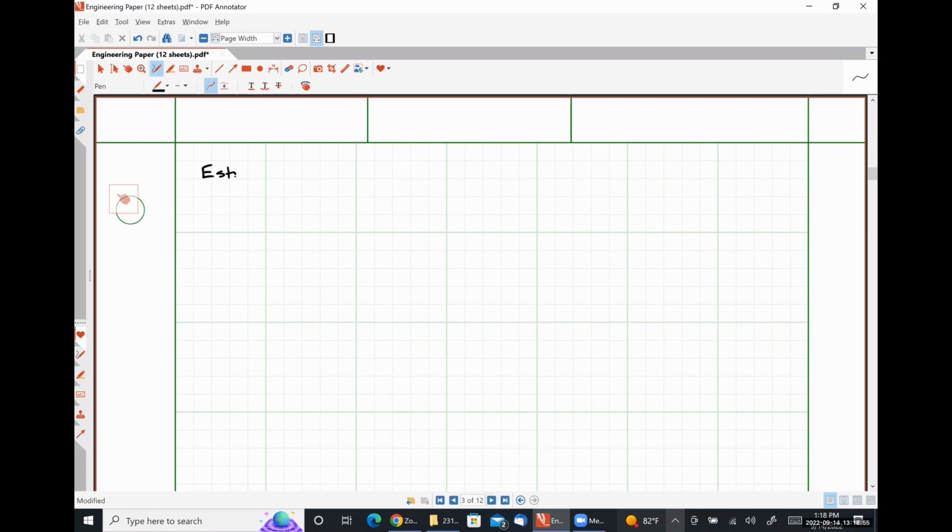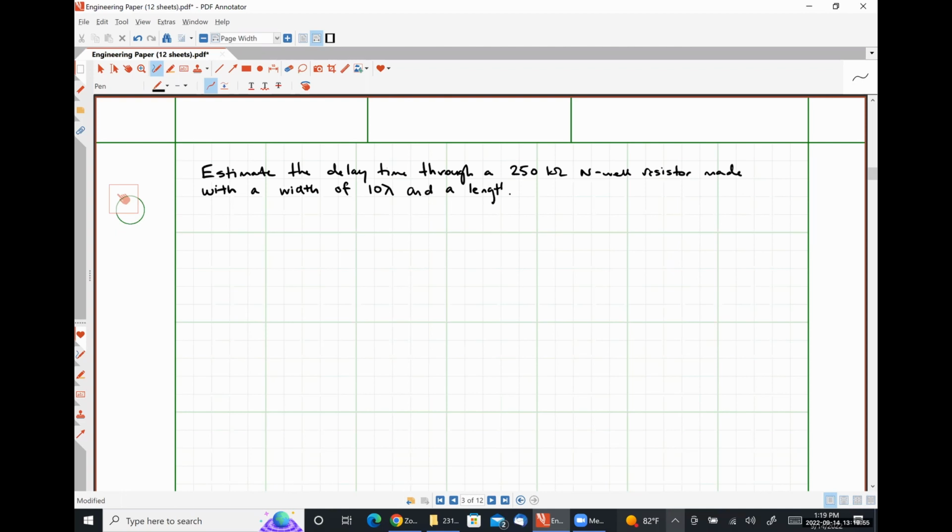Let us estimate the delay time through a 250 kilo ohm N-well resistor made with a width of 10 lambda and a length of 500 lambda.